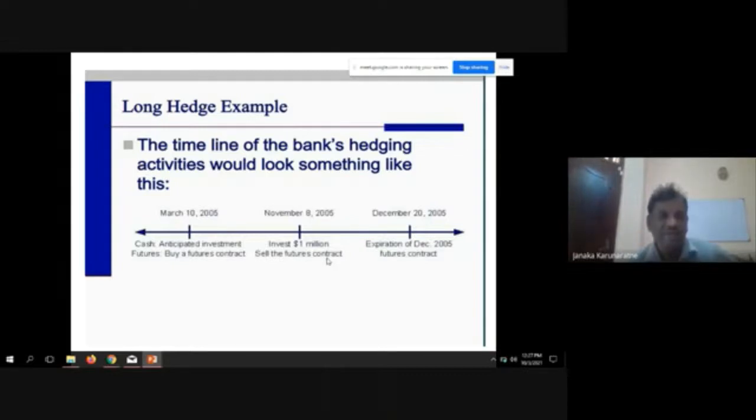Okay. Right. So the contracts will mature on expiration date of December 2005. Right.